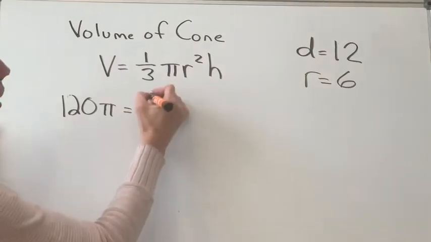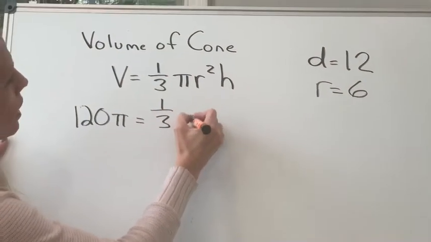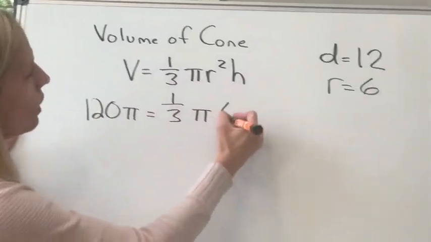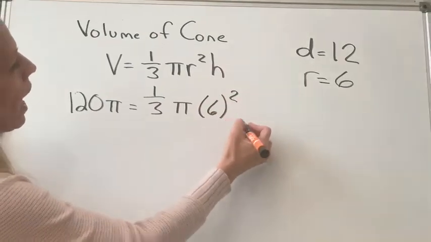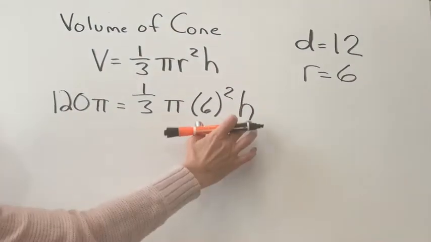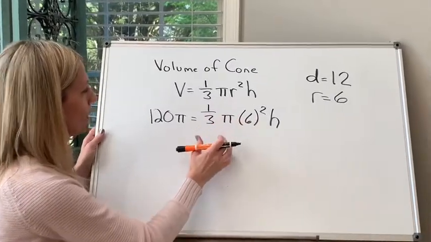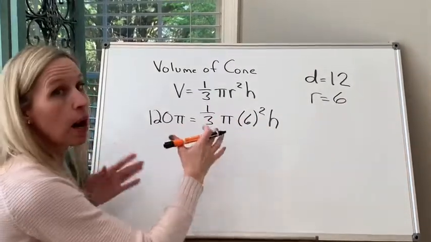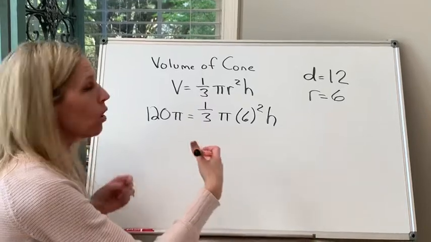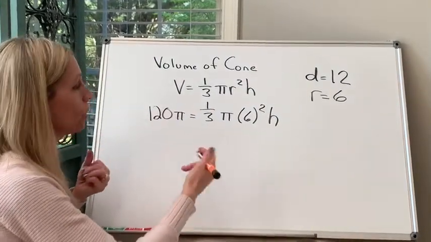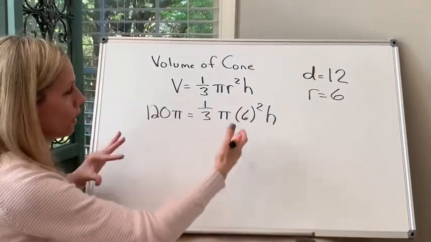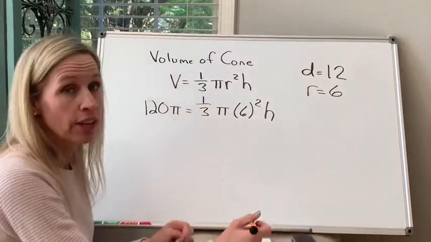And then we're going to set that equal to 1/3 times pi. We know what r is, so we put 6 squared. And then what we're going to solve for will be the h. So at this point, you're going to want to multiply these things together. If you want to leave the pi's just as pi, when you divide, they should cancel. But at this point, it's just algebra. You're going to solve for h.